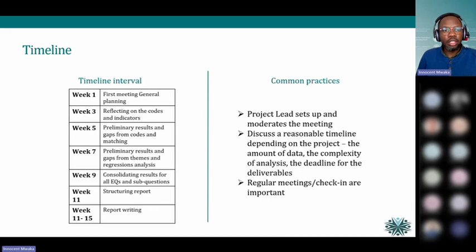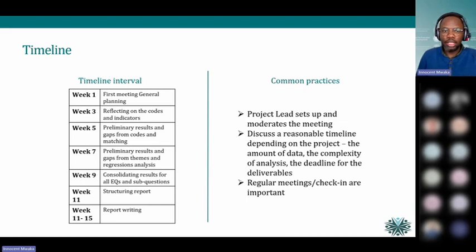Then we shared some preliminary results from both sides, and which ones needed more information, and going back to the evaluation questions and the indicators, what kind of information we have on that, and then consolidating results and structuring the report.